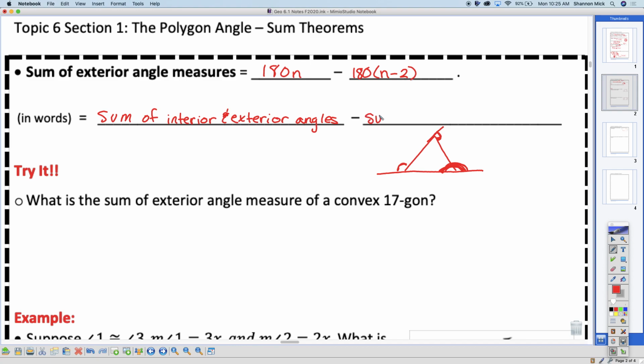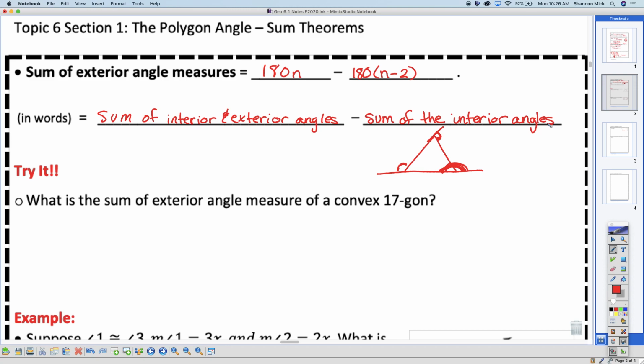The sum of the interior angles. Okay, so in words, it's the sum of the interior and exterior angles minus the sum of the interior angles. That would totally make sense, right? So it's 180n minus 180 times n minus 2.